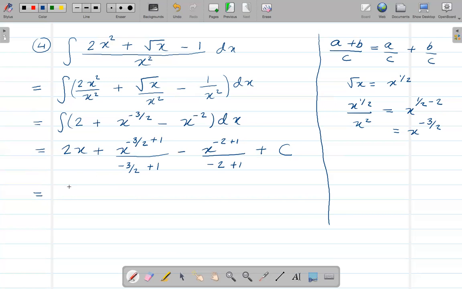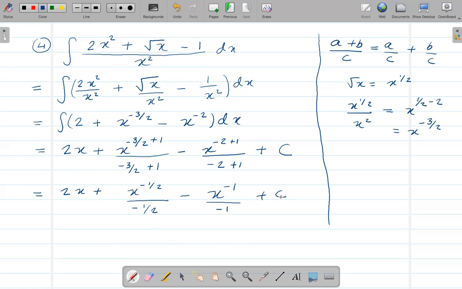Now, just do the algebra. So 2x, and negative 3/2 plus 1 is negative 1/2. So on the bottom you also get negative 1/2. And x to the power negative 1, since negative 2 plus 1 is negative 1, plus c.